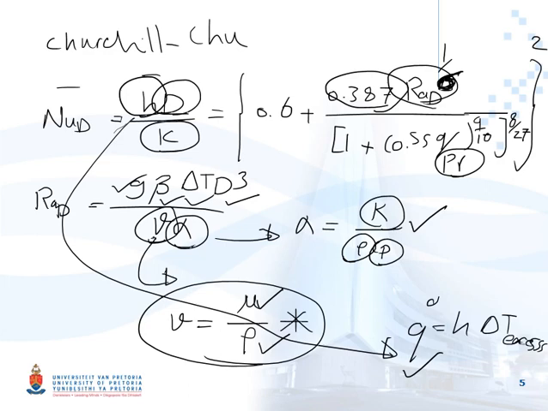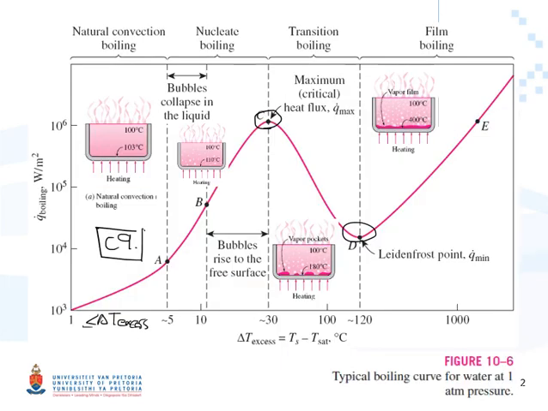Basically, I didn't want to solve an example. I just wanted to show that when we say, for natural convection boiling, go to chapter 9, what does it mean?